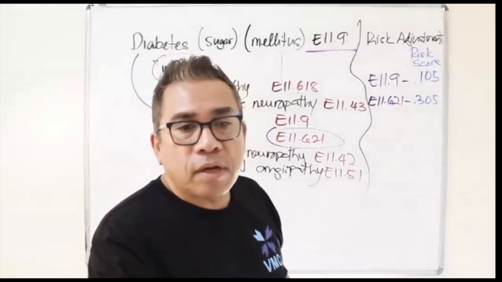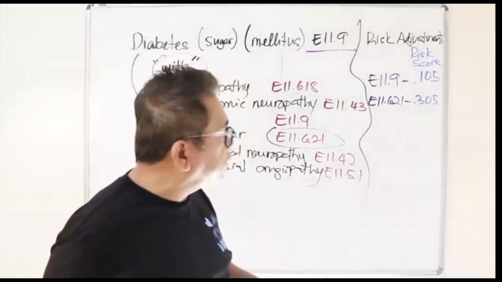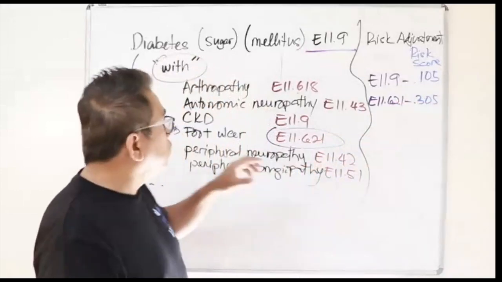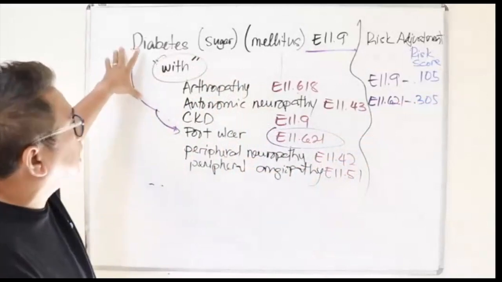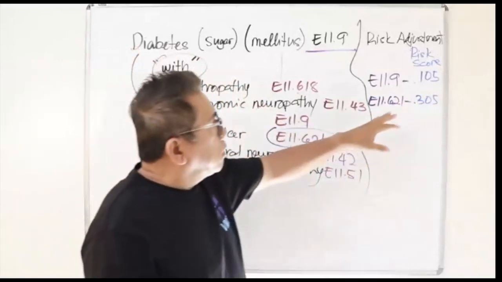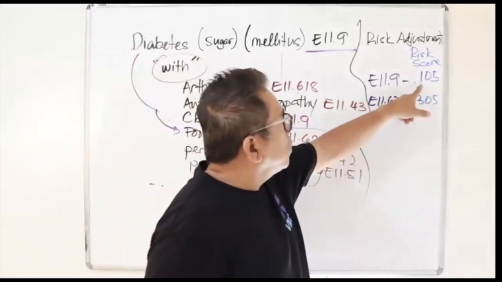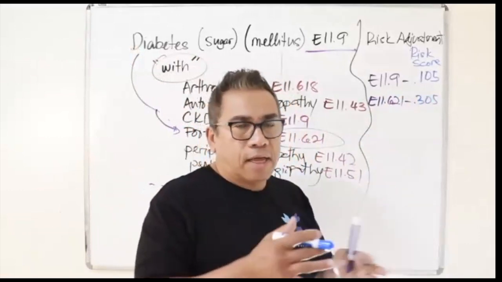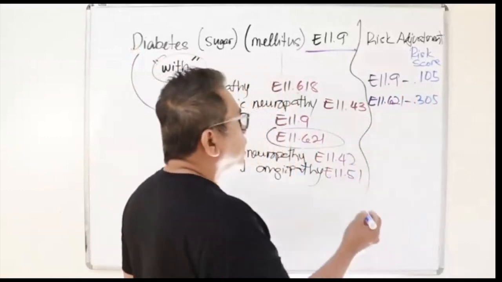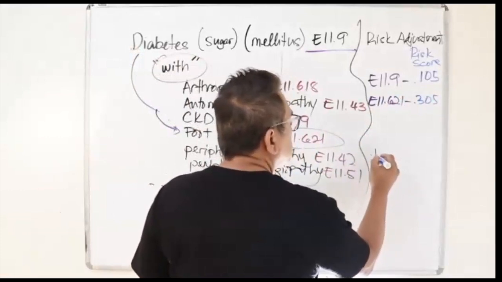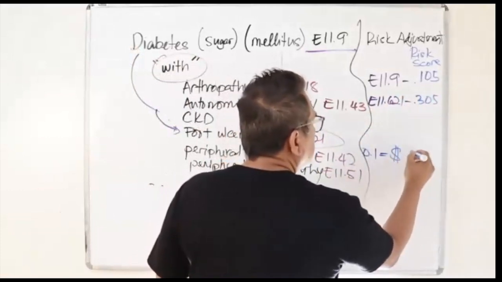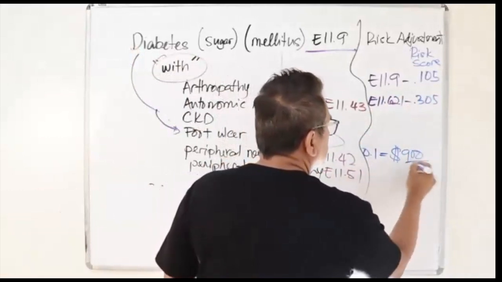Arthur is asking, by combination code, you mean the codes listed? Yes, Arthur, when I say combination code it is this, because you have already combined foot ulcer with diabetes. Look here, guys. For the reimbursement, hypothetically, I'm just talking ballpark, each 0.1 gets almost $900.